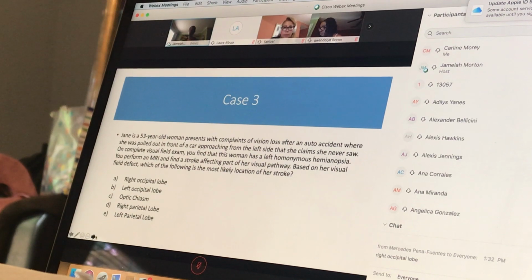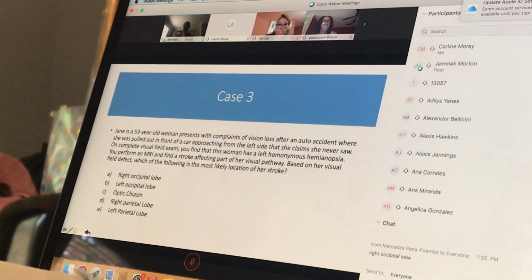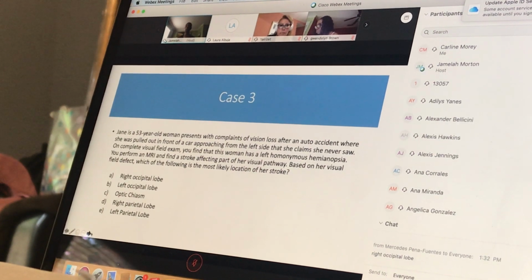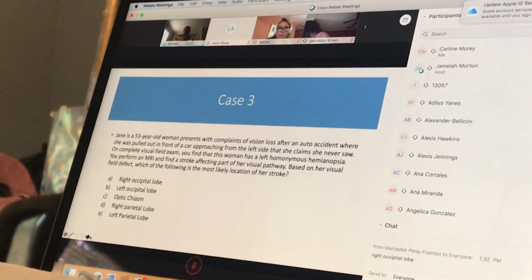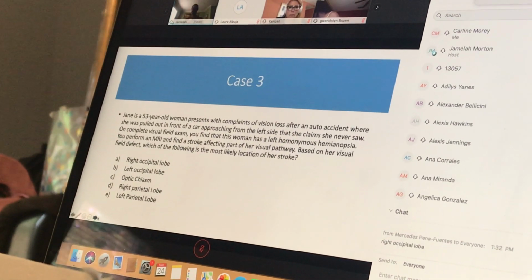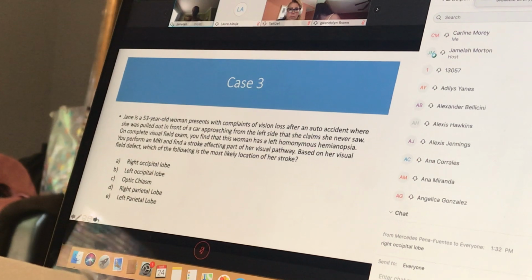Now, strokes can give you quadranopsias also. It could be half of the visual field that's gone, or a tumor, depending on where in the occipital lobe it sits. So it can be a left homogeneous hemianopsia, a right homogeneous hemianopsia, or quadranopsia. Those are associated with strokes or tumors. But if we're thinking about a temporal hemianopsia, we're thinking of some kind of issue with the optic chiasm.